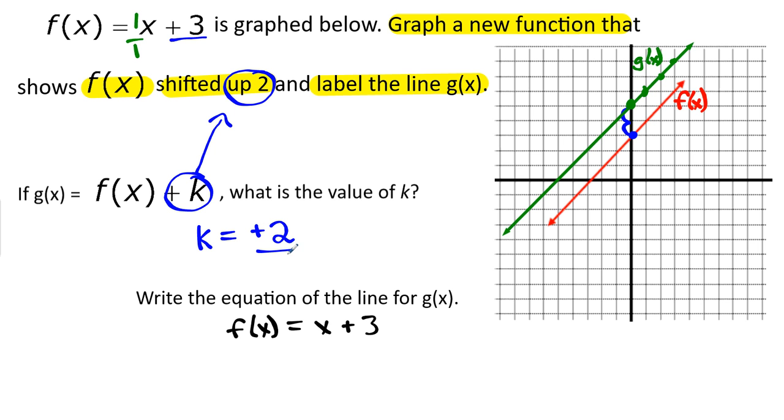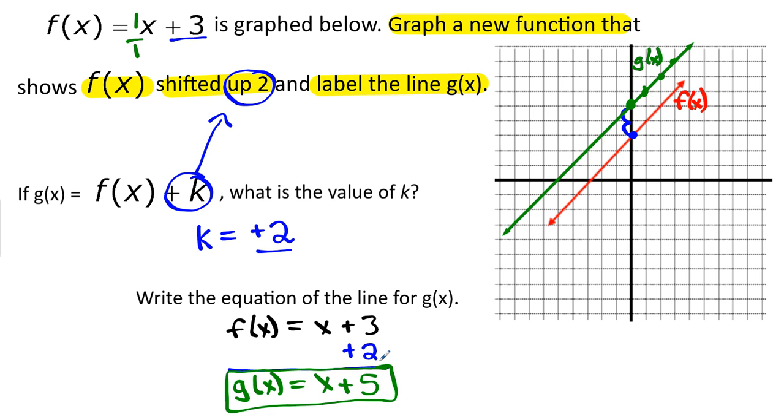So I'm going to add 2 to that very end piece, which is my y-intercept, and then we write our new function for g of x. g of x equals x plus 5. So our k value was 2. We moved that 2 up from that positive 3, got it to be 5, and therefore we have our equation for our line, x plus 5.